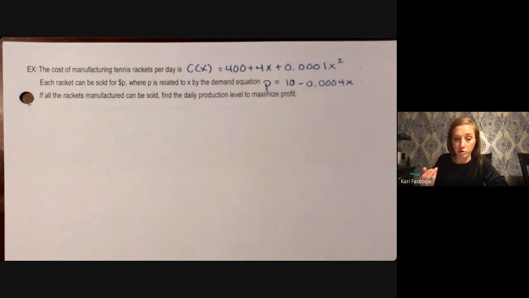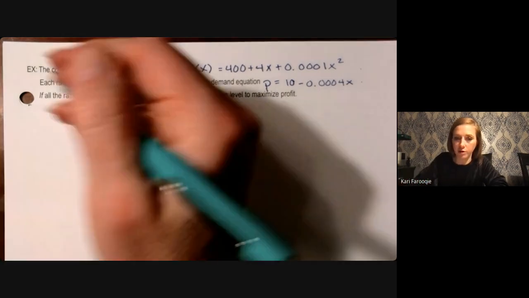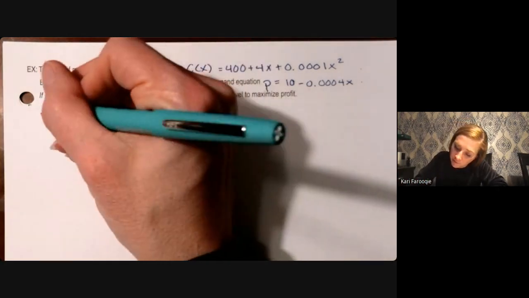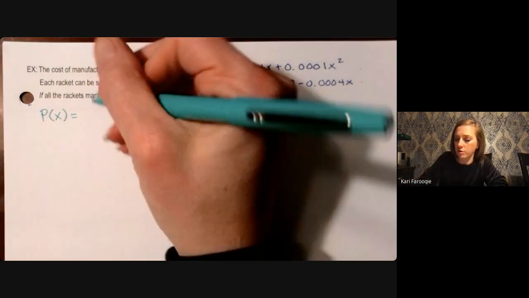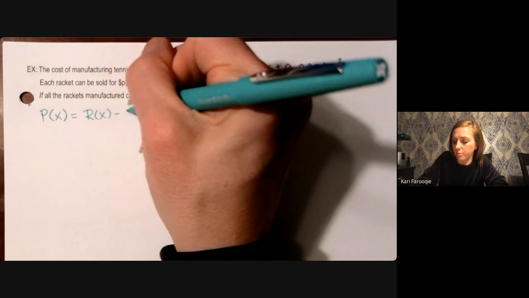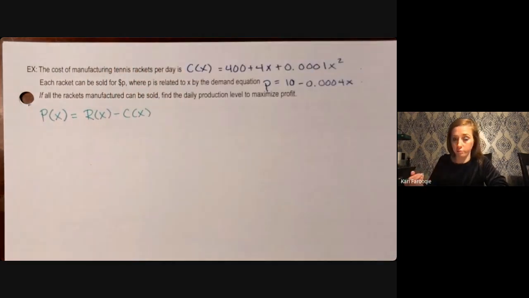The revenue is how much money you generate from sales, but then you also have to pay for the costs of manufacturing, your employees, your facilities, equipment. So your profit, P of x, is going to be equal to the revenue, R of x, minus the cost. This is from chapter 2.